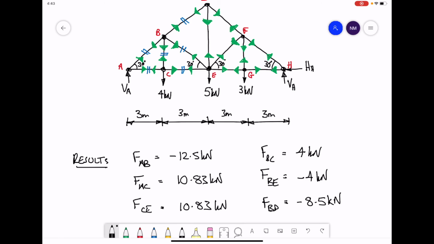Remembering, positive values are for tension forces and negative values are for compression forces.